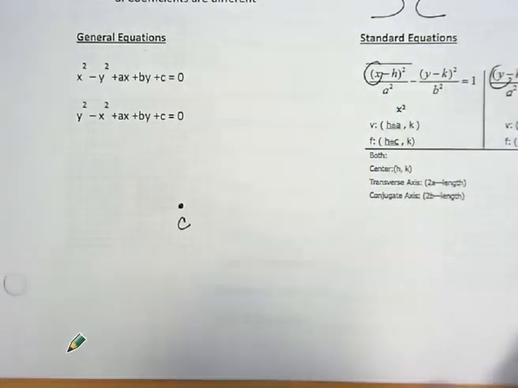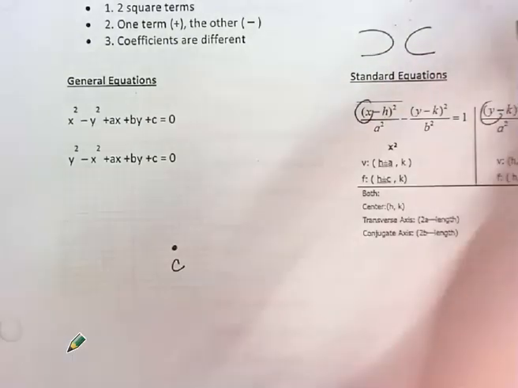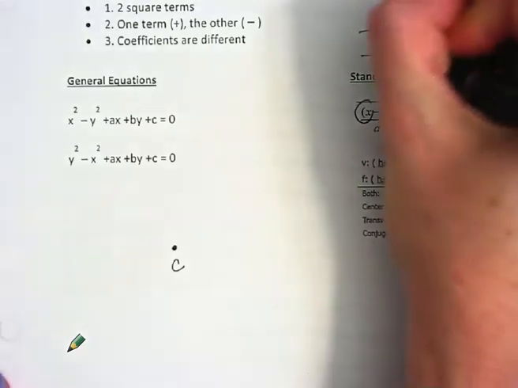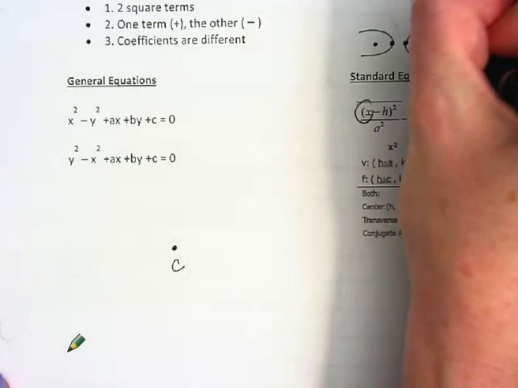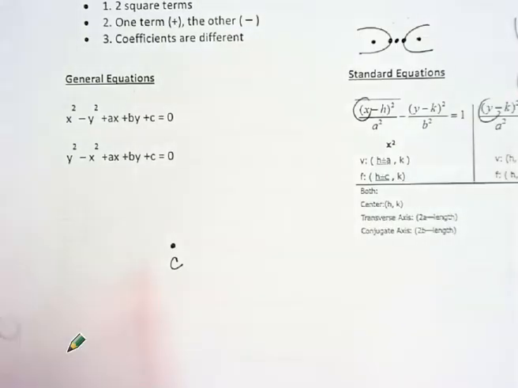So you're going to use that a value because this is going to be a horizontal orientation. So we're going to have vertices here, we're going to have foci here, and then we're going to have a center right here. So I've got my center.